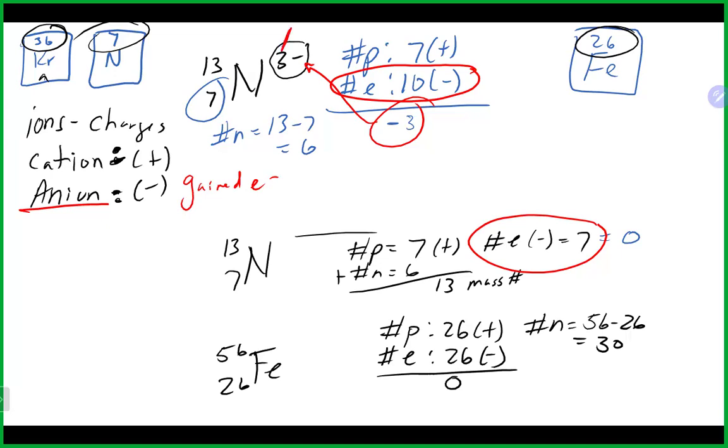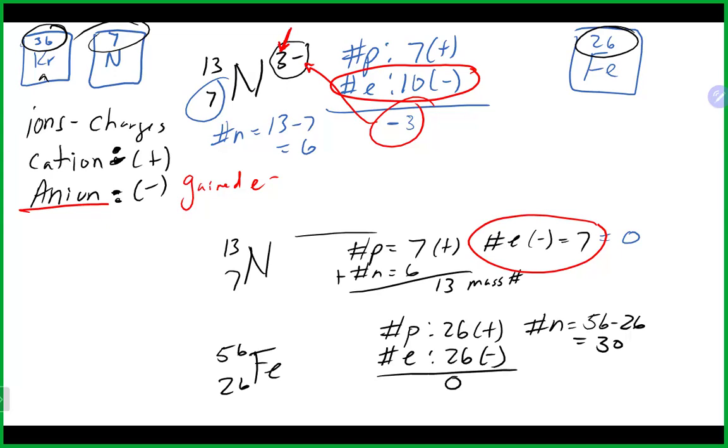How many electrons did it gain? That is what the number represents. The -3 means it has gained 3 electrons from the neutral one. Neutral once again had 7, this one has 10, which is 3 more electrons. So the number of the charge that you see on ions is how many electrons were either gained or lost, and the negative means, in this case, that they were gained from the neutral. Any questions on that one?